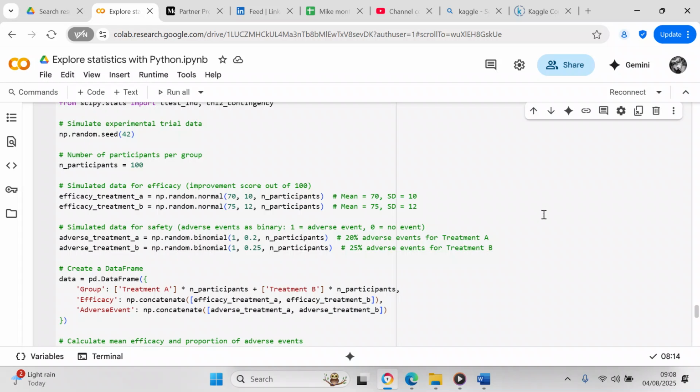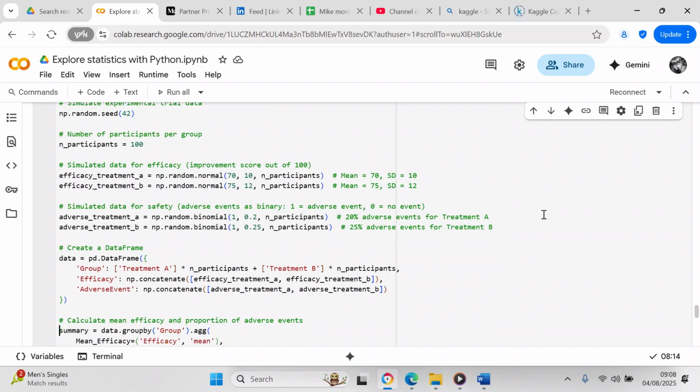Efficacy equals np.concatenate of efficacy_treatment_A, efficacy_treatment_B. And then adverse_event equals np.concatenate of adverse_treatment_A, adverse_treatment_B.